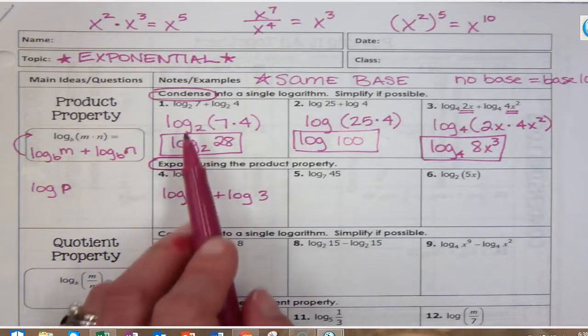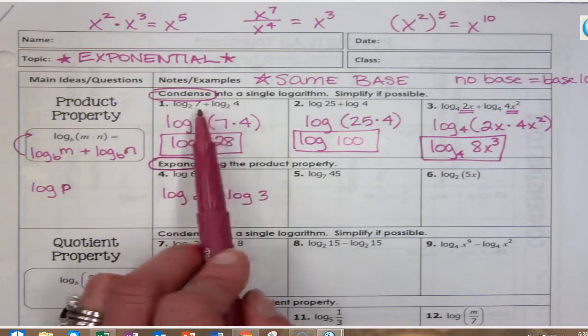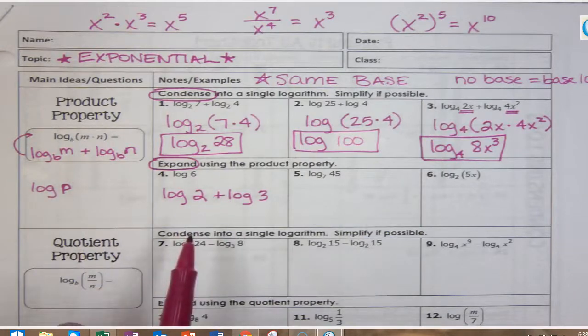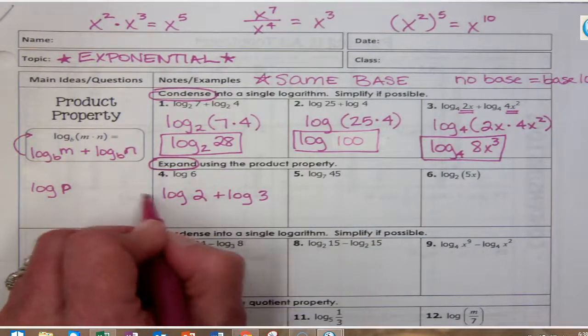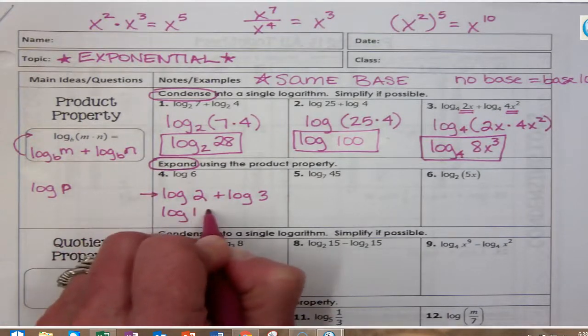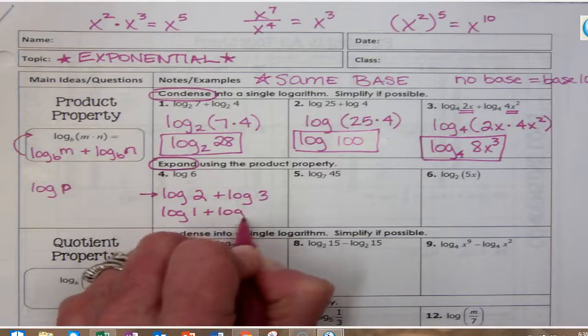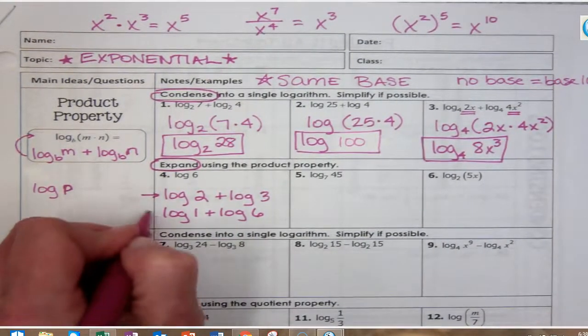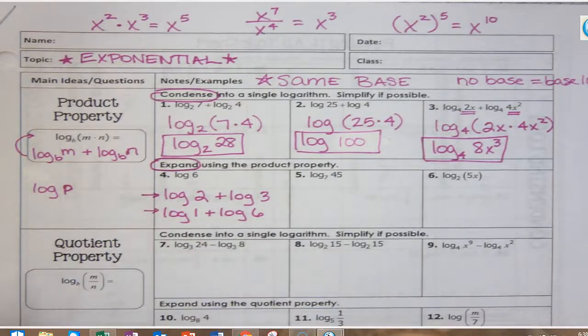Because if I was going to do the reverse like I did up here, I multiplied those two. Now I'm basically factoring. Another answer could have been log of 1 plus log of 6. There are multiple answers for this because you can split it up in different ways. You'd get the same answer. Okay?